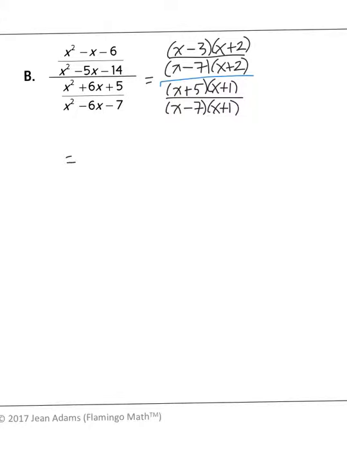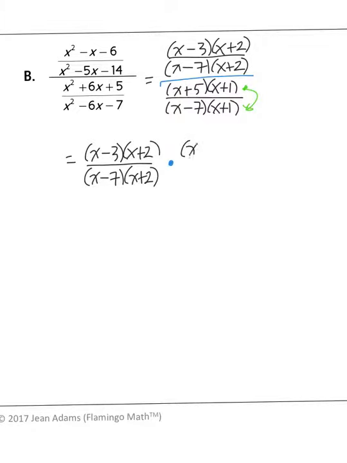So if I keep, I've got x minus 3, x plus 2, divided by x minus 7, x plus 2, change, I'm going to change division to multiplication, and then I'm going to flip this fraction.